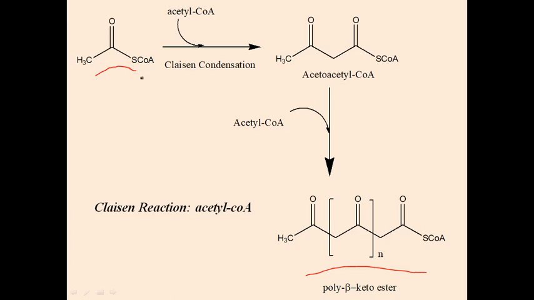It is in a separate way, but for basic understanding this reaction is shown here: one acetyl coenzyme A reacts with another acetyl coenzyme A, and the reaction is like Claisen condensation. Similarly another acetyl coenzyme A can be further incorporated, and this repeating unit of carbonyl and methylene is called polyketides, and these polyketides can be formed.